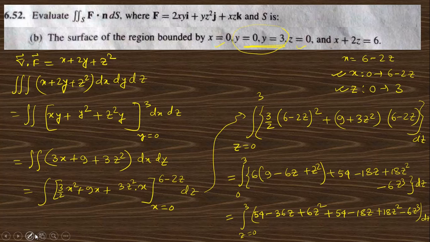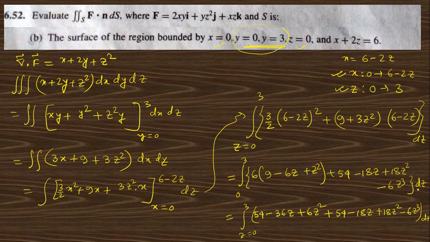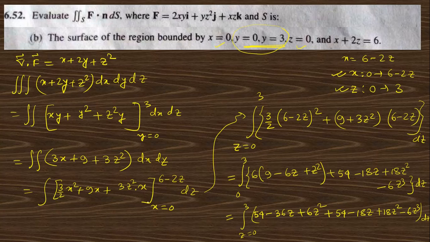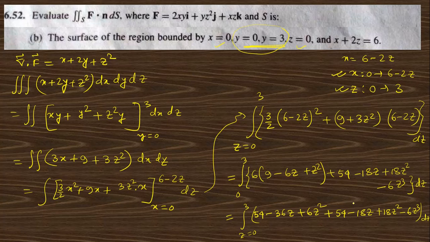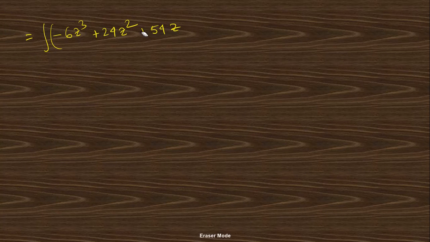So there is 6z cube, so here minus 6z cube, then 18z square and 6, that is 24z square. And what about z? 18z and 36z, that is minus 54z.